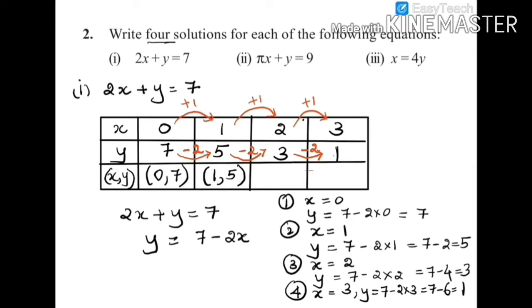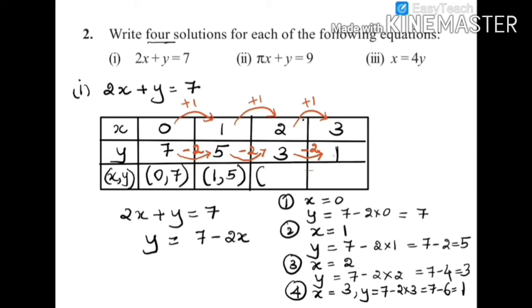And when there is a linear relationship between two variables, an increase or decrease in the value of one variable will result in a corresponding increase or decrease in the other variable. So here, as x increases by 1, the corresponding value of y decreases by 2. The increase and decrease in y depends on this expression. So for another expression, we may not get the same increase or decrease.